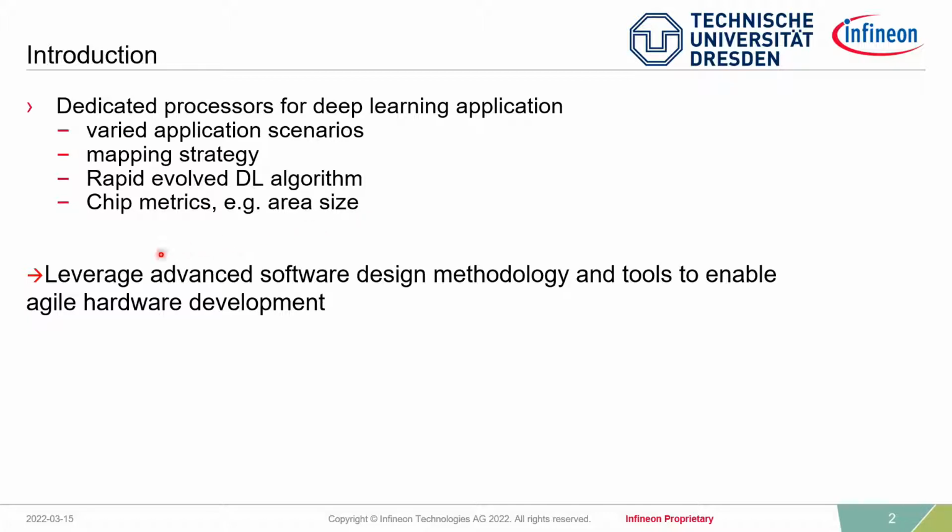So it's a pure hardware-software co-designed project, and it really poses a challenge to both hardware and software development, so in our project we leverage advanced software design methodology and tooling to enable agile hardware development.